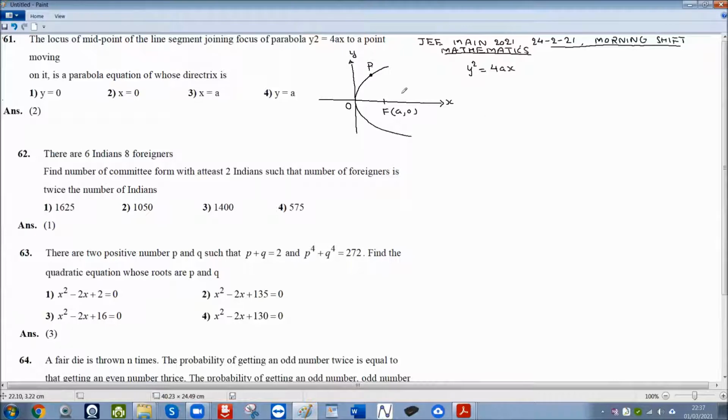We have two options to identify the coordinates of point P. Either we can say that its coordinates will satisfy the equation of the parabola and go accordingly, or we can use the parametric equation of the parabola. If I take the x coordinate of point P to be at square, the y coordinate comes out to be 2at.